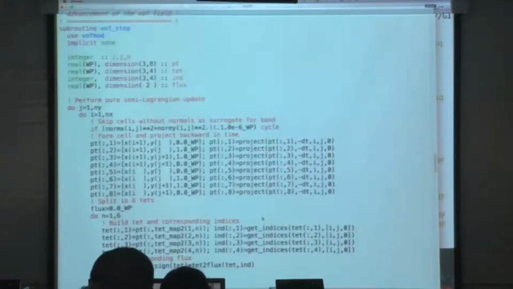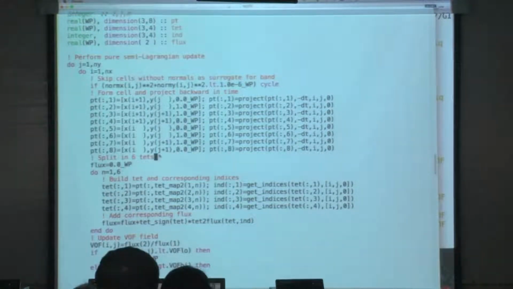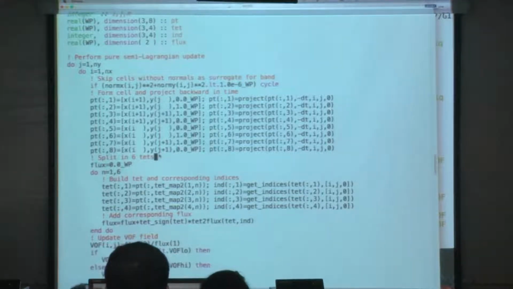Once I've got my points moved backwards in time, I will not work with this deformed cell right away because that cell could become deformed to the point where it crosses its own boundaries. So that object is a pretty messy object to think about.